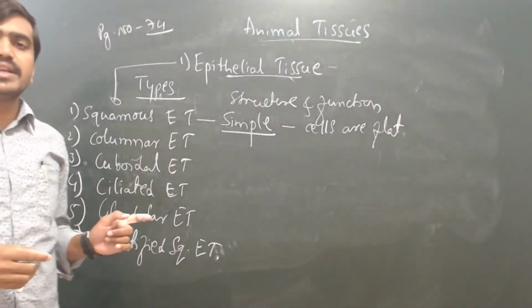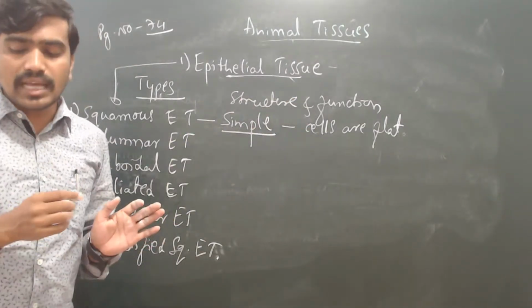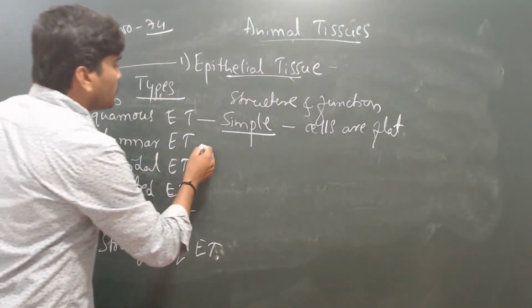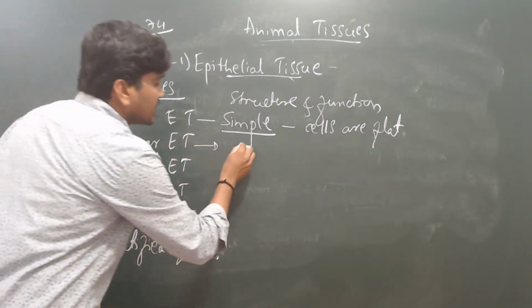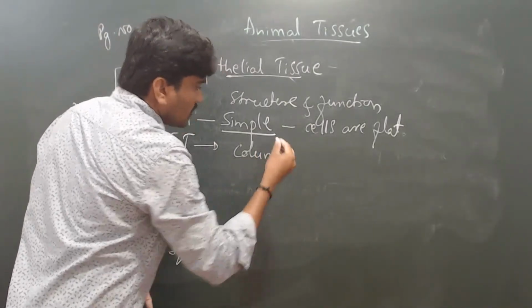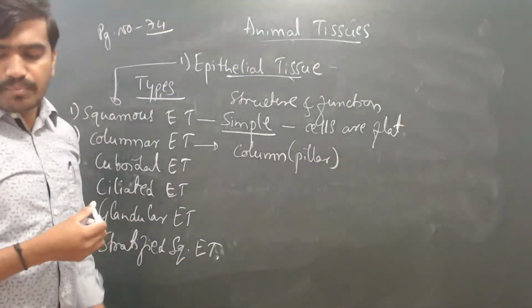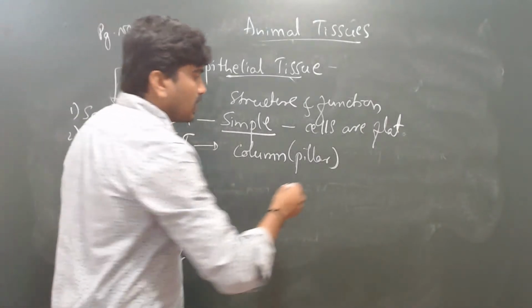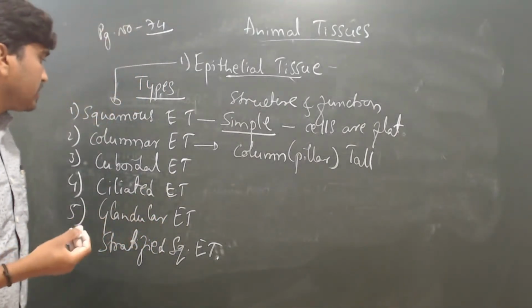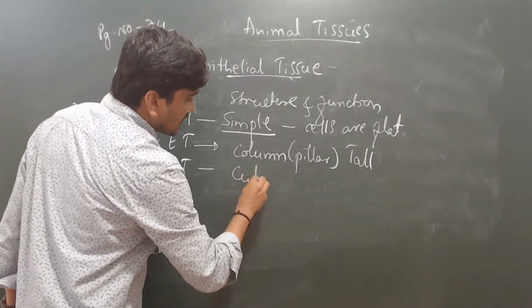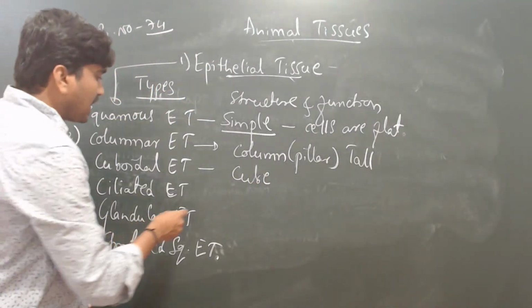Now, columnar itself says the cells of these structures are like columns, or we know them as pillar-like structures, and they are tall. Then cuboidal, cube-like structures. In the name only it says cube-like structures.